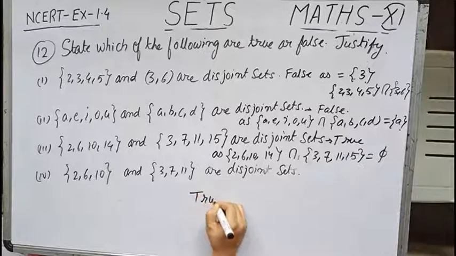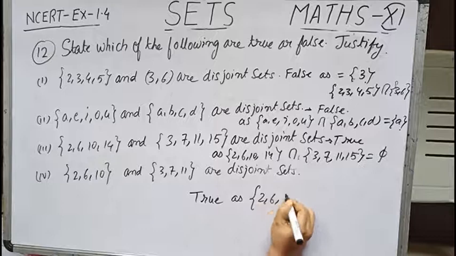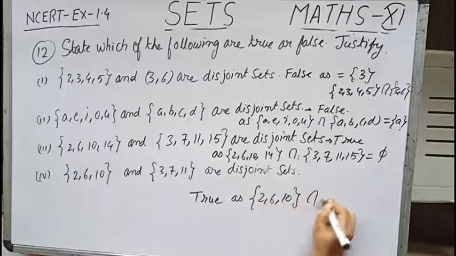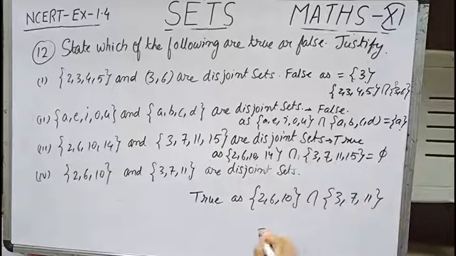This also is true, as {2, 6, 10} intersection {3, 7, 11} equals to empty set. So now let us move to the next concept.